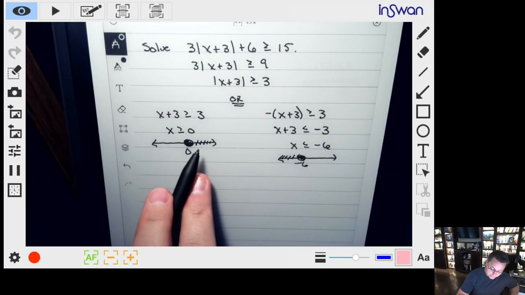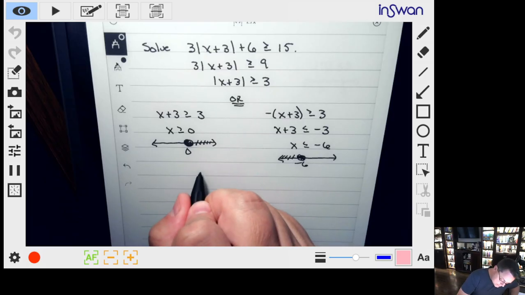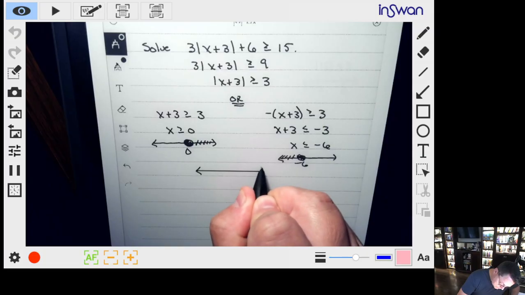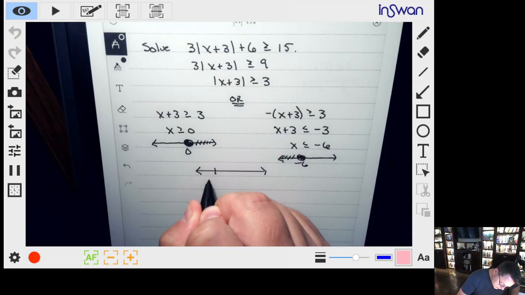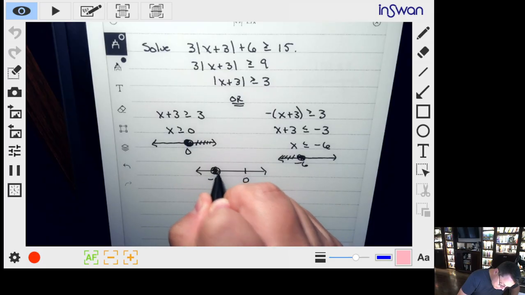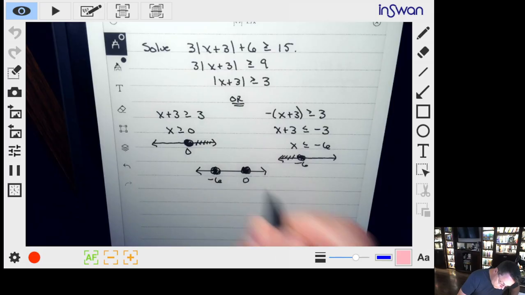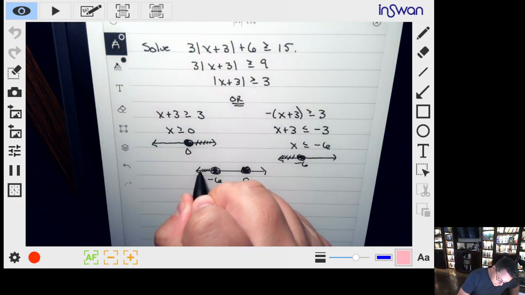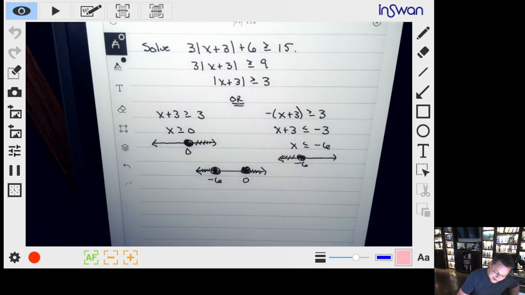So now I can have either this or this, which means that if I put them both together, here is negative 6, here is 0. Because it's or, I can use one or the other. So both of them work. So or is just wherever we see it, and is where they overlap.